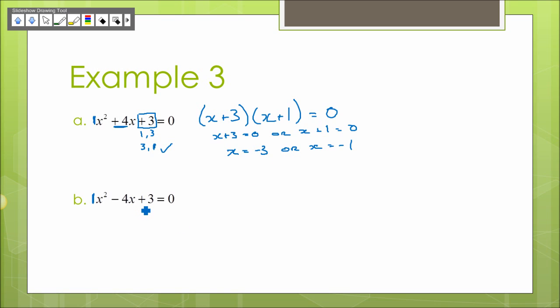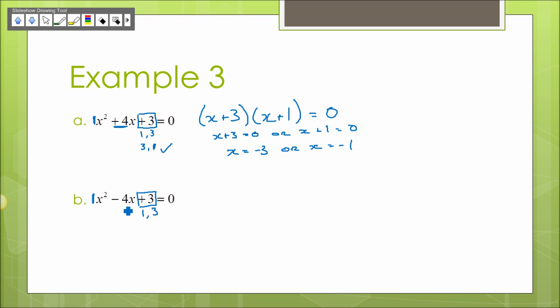Okay, going down to the next one, looking at our final term here, we've got plus 3. Now from here we know that the only factors are 1 and 3, but look at our second term. The coefficient is minus 4. If we add these together, that gives us plus 4. What two factors could add together to give us minus 4?